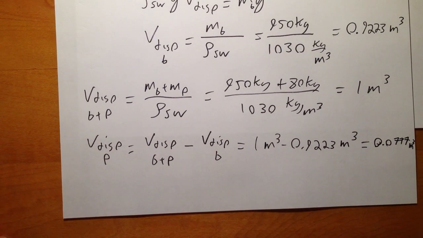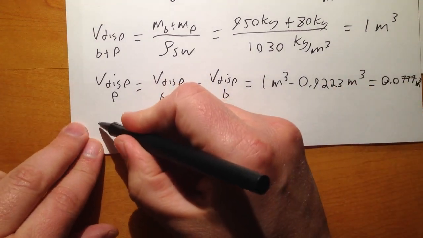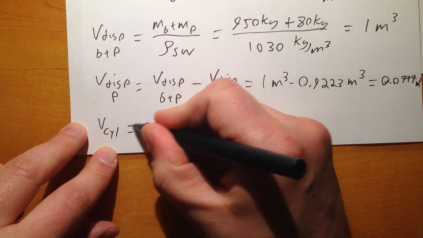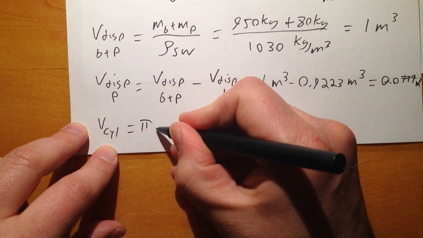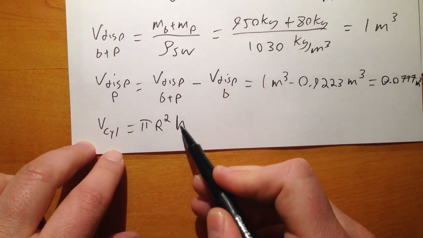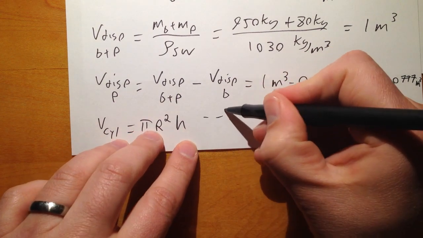So this is the volume of water which was displaced when that person stood on top of the buoy. Once I know that, I also know that the volume of a cylinder in general is equal to pi r squared h. The volume of a cylinder is the area of a circle times the other dimension.